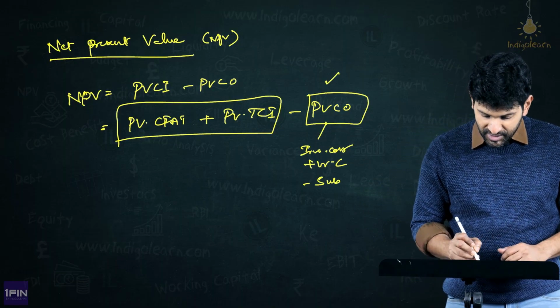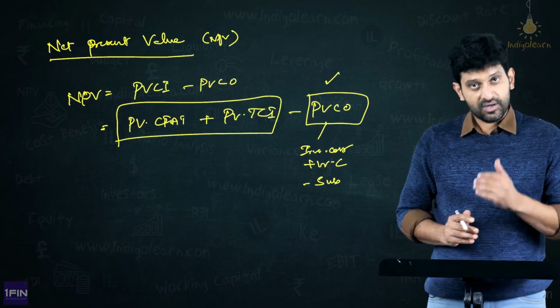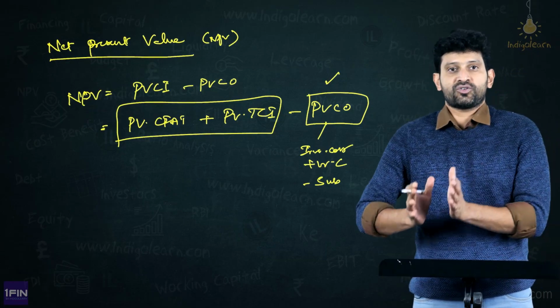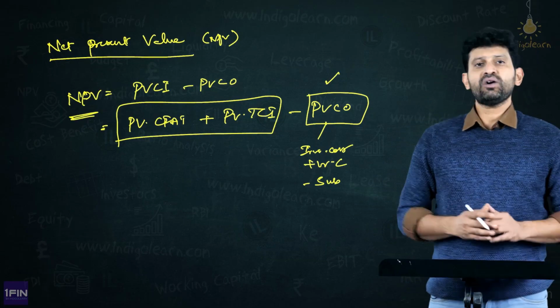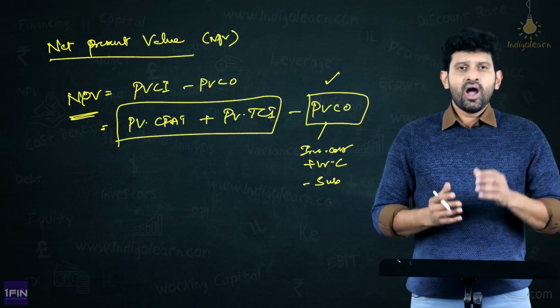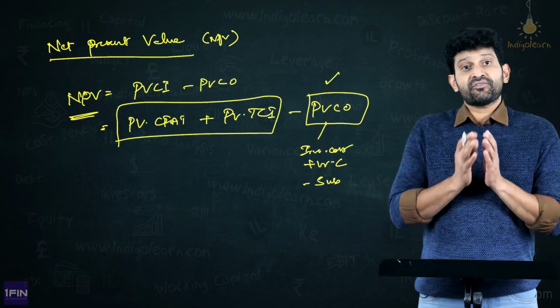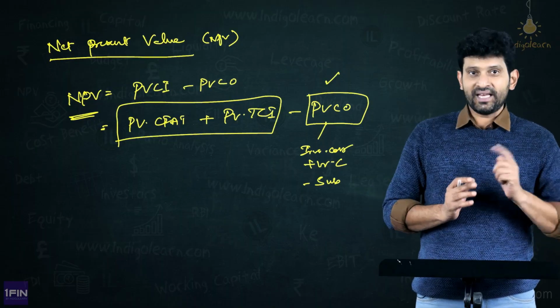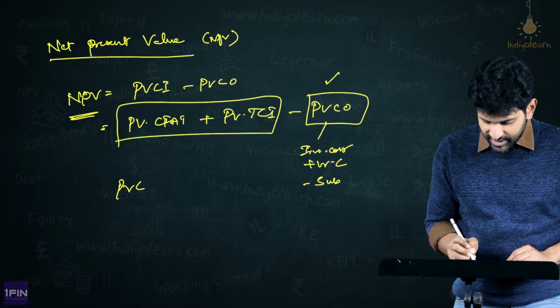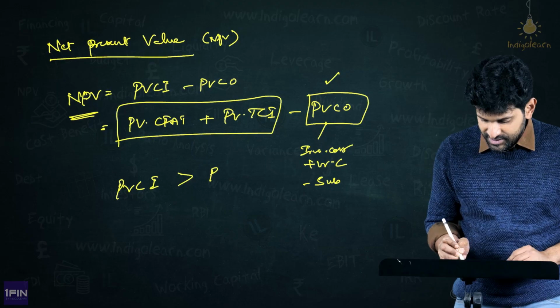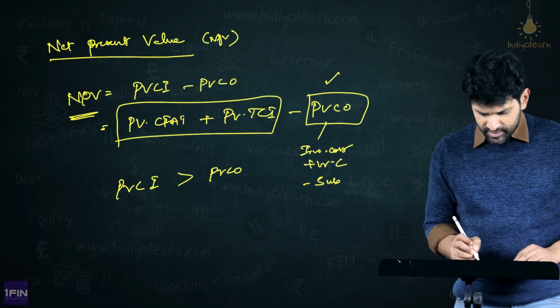And here, present value of CFAT plus present value of terminal cash inflow minus present value of cash outflows will give us what is called our NPV. Now, using this NPV technique, how do we select or reject a project? Friends, we know if NPV is positive, meaning if the PVCI is greater than PVCO, means what?